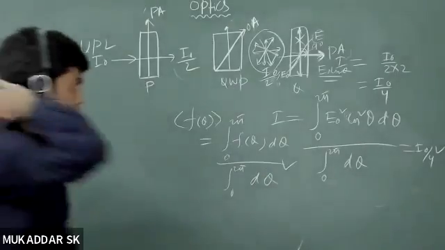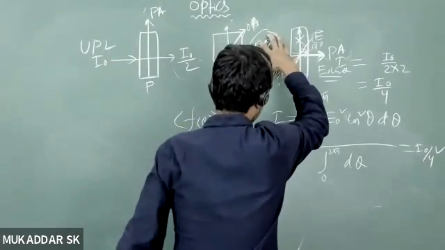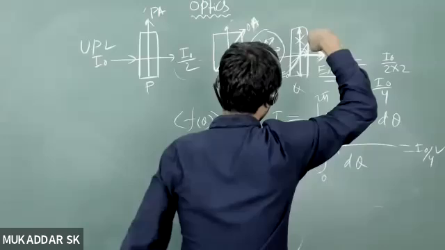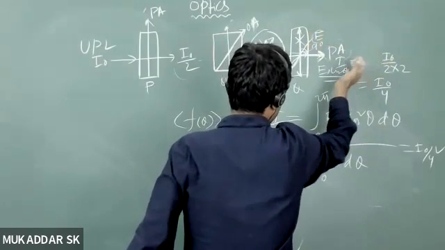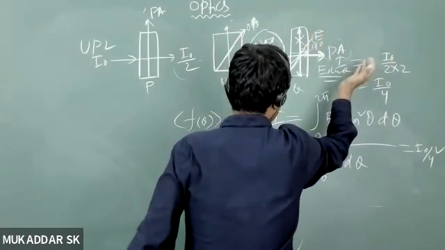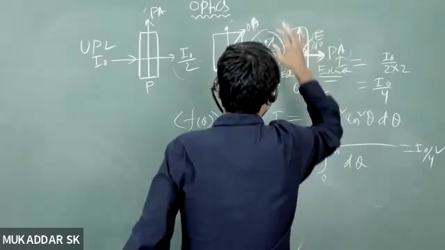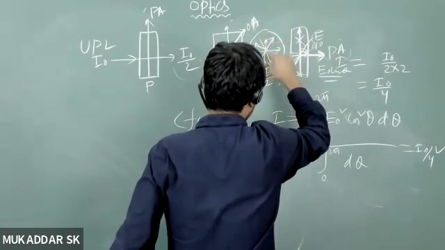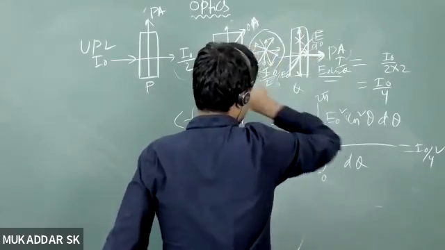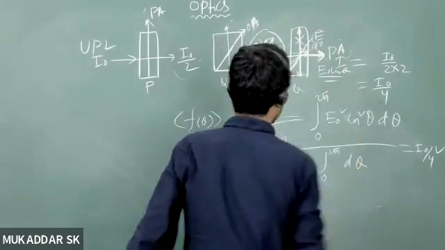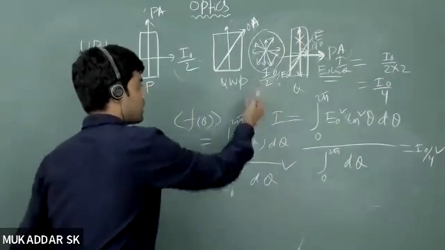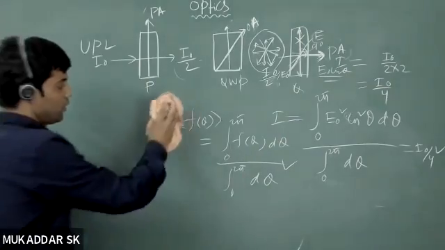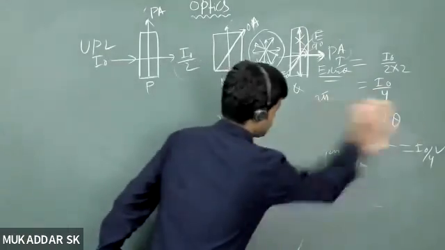If this ray is unpolarized, for this ray also various kinds of thetas are possible, so you will get half of the intensity. And also if this ray is circularly polarized, then again various kinds of theta are possible, so you will get half of the initial intensity again. So you are correct, if this ray is unpolarized, you will get half of the intensity.